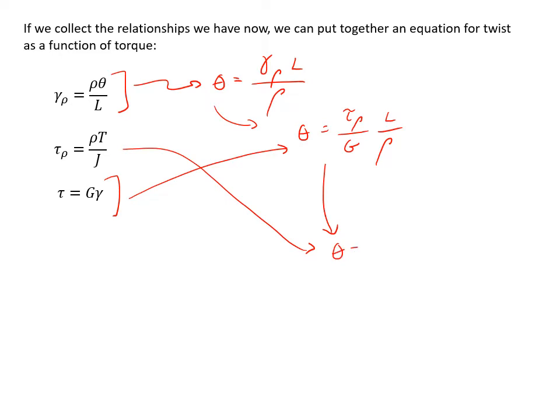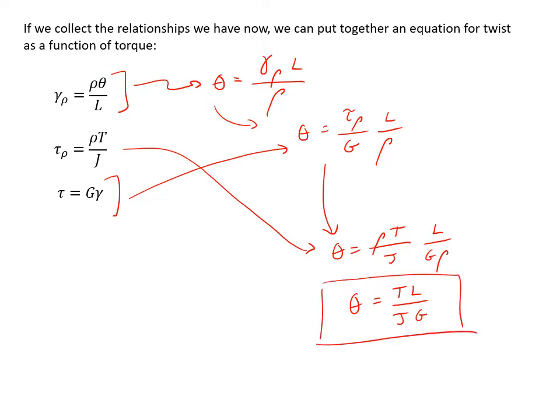So now we'll say theta is equal to rho times torque over J times L over G rho. So our expression for theta, if we cancel out those rho's, we're going to have torque times the length over JG. And that expression there is what we had on the first page when we were just introducing it. That expression relates the twist of some circular shaft as a function of the torque.